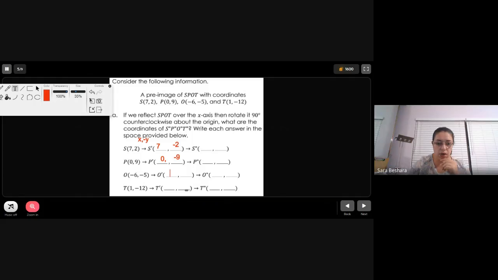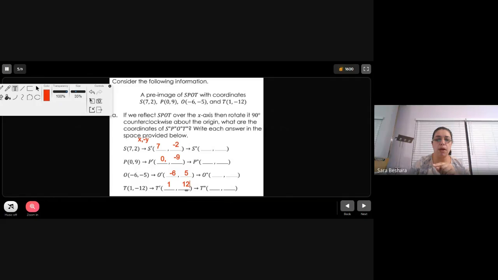And then here, your x remains the same, but your y changes in sign, becomes positive. Remember, negative means flip your sign.